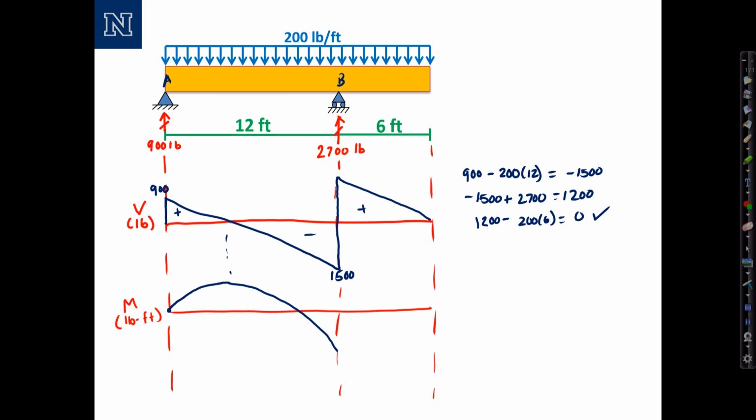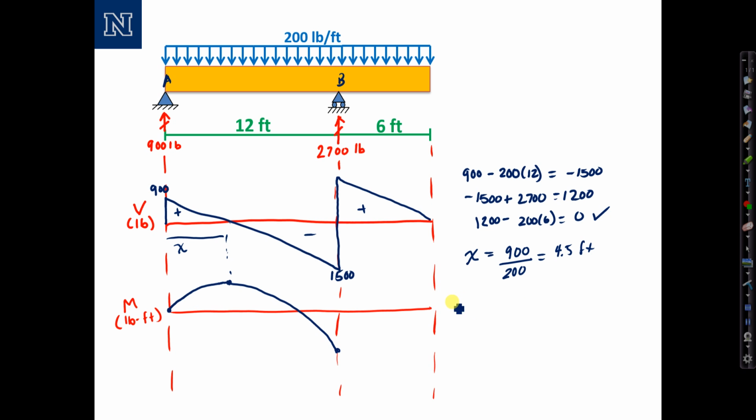Okay, so based on that, we can compute the value at the maximum and the value at support B. Let's start with the maximum. We need the area of this little triangle on the shear force diagram. First, we need to identify this distance, which I'll call x. Remember the rule, x is equal to the value of the shear at the end, 900, divided by the slope, or the distributed load, 200, and that gives me 4.5 feet.